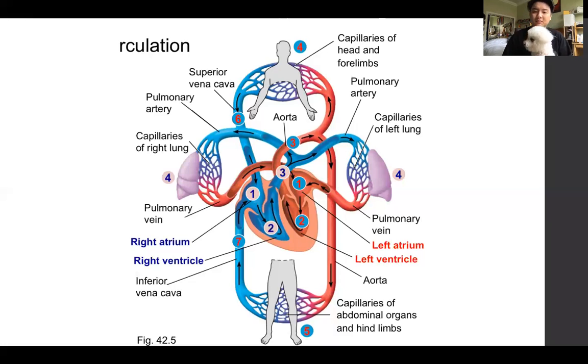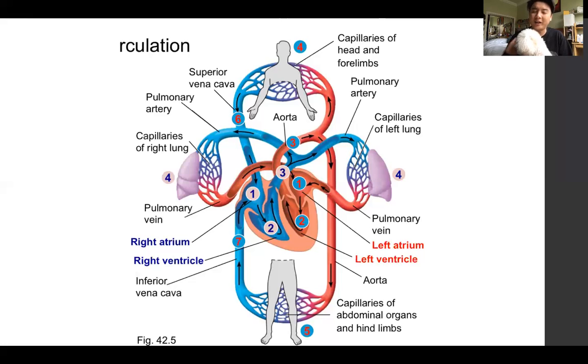After that, it's going to go through the superior vena cava, superior as in above, the above part of your body. Vena cava as in vein. The bottom part of your body is going to be the inferior vena cava because it's below, it's inferior. And it's going to go back into the right side of the heart because the right side is deoxygenated.